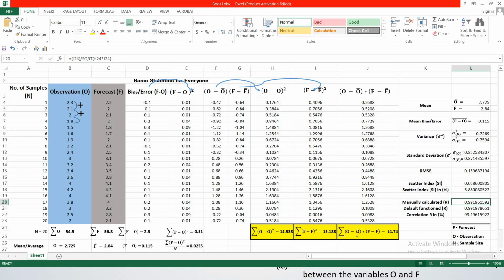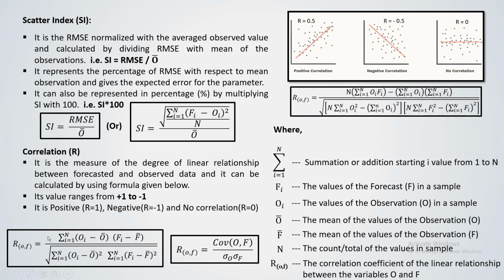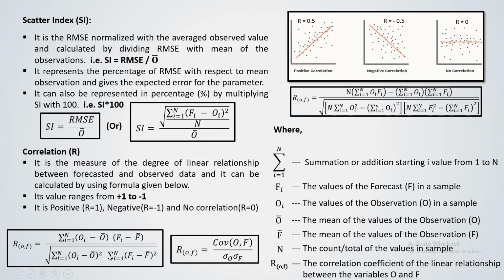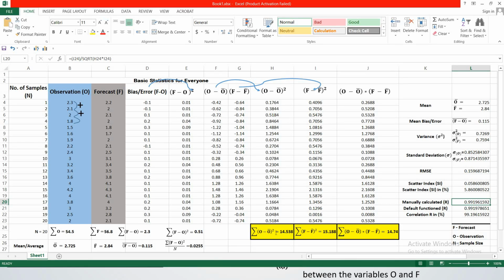Yes, this is sigma (O minus O bar) into (F minus F bar). So, can we take it as the numerator of the formula? That is 14.74. And we have these two terms: sigma (Oi minus O bar) squared and sigma (Fi minus F bar) squared.